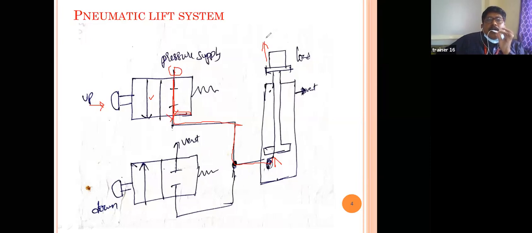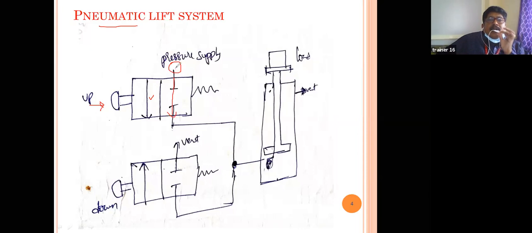Again, I am repeating, all of you listen carefully. When you push this button, this first initial position changes to this position. The power supply may be hydraulic, but here we are discussing pneumatic, that means compressed air.